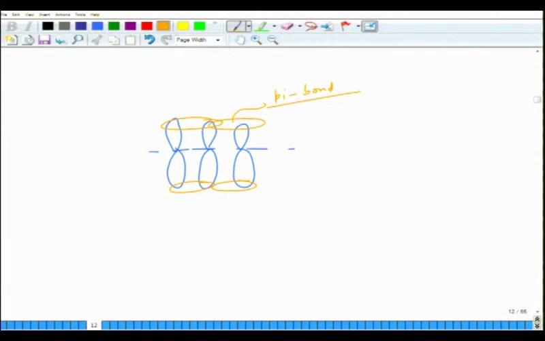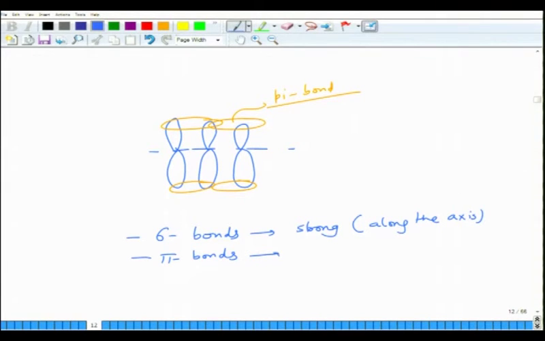A pi bond is a weak bond and a sigma bond is a strong bond. So, these are the two terms that you will come across: sigma bonds and pi bonds. Sigma bonds are strong, basically along the axis, and pi bonds are weak. You can say these are basically at the periphery.